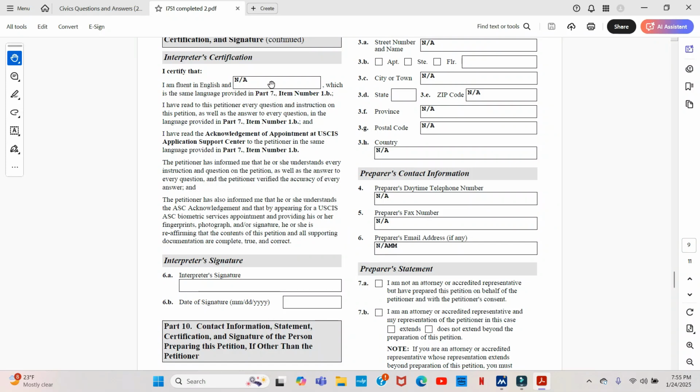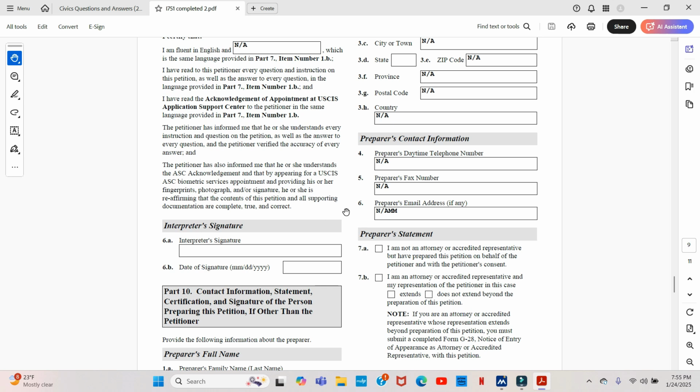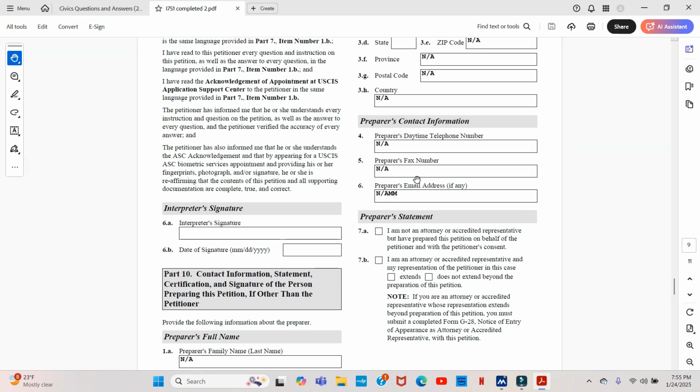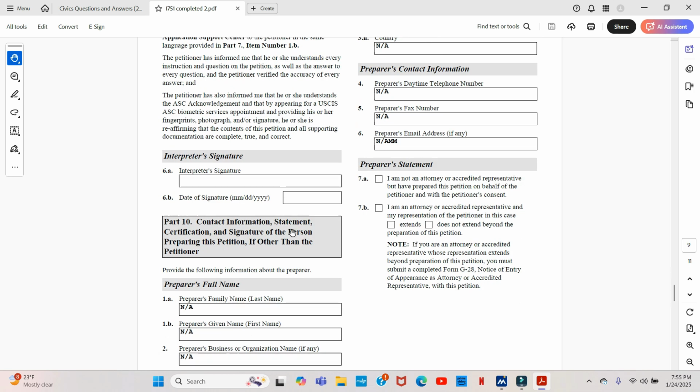The languages that the interpreter is fluent in. So I am fluent in English, and whatever other language the interpreter is fluent in goes here. And you would read through all the questions to make sure that you complete the information correctly as it relates to an interpreter if one is used.